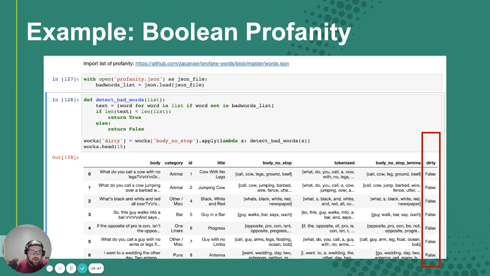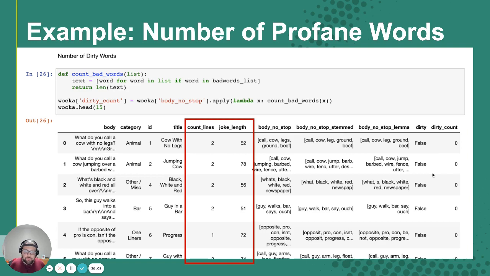I created a feature: is the joke profane or not? So I took a dictionary that someone posted on GitHub, a list of profane words, and ran all our jokes through that to indicate, just true or false, is this a dirty joke? And we wanted to go a step further: how profane is the joke? So we counted, and again, this is a heuristic.